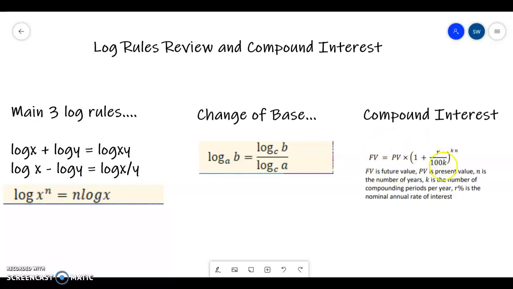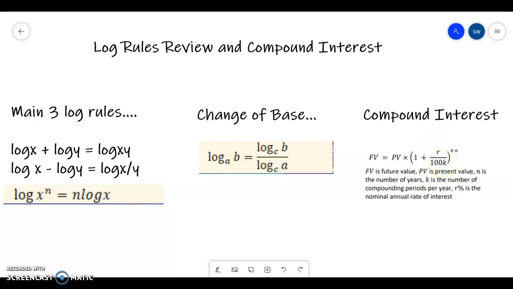This is the way it's written on your formula sheet, so that's why I copied it like this. R over 100 is just like if it's a 5% loan or 5% interest, you write it as 0.05. This is just 5 over 100. It's the same way it was written for studies in the past, so that's how you read that.